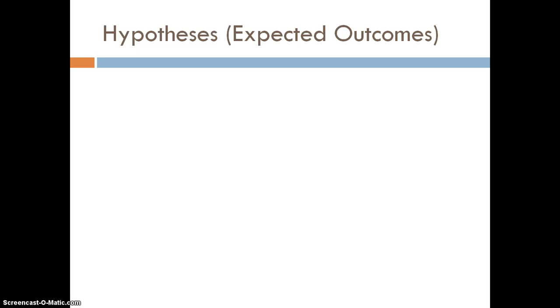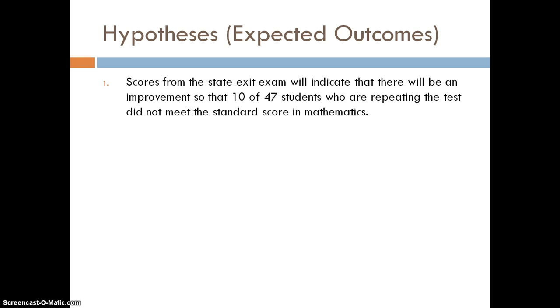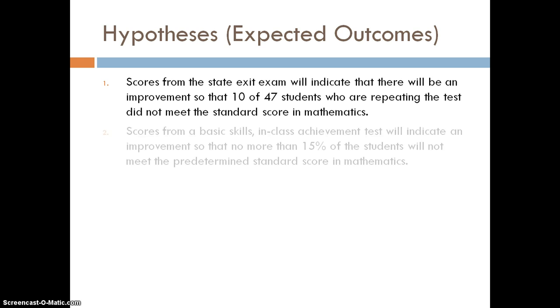She proposed four key hypotheses, which she stated as expected outcomes of the study. First of all, scores from the state exit exam will indicate an improvement so that 10 of 47 students who are repeating the test did not meet the standard score in mathematics. In other words, no more than 10 out of the 47 would fail the test again.